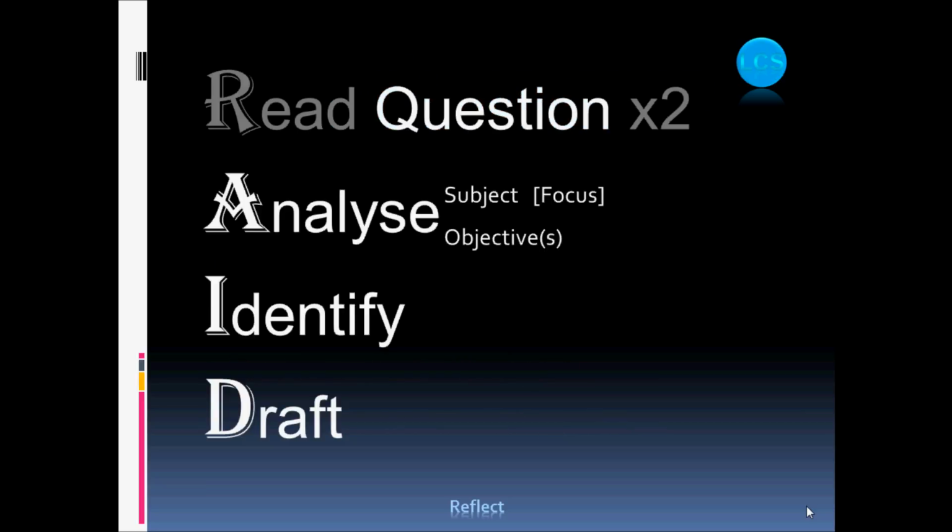Remember, draft the answer in accordance with the requirements of the examiner, using those identified theories, tools, and techniques to enable you to achieve the objectives with respect to the focus of the subject. And that should give you a much better, much higher grade.